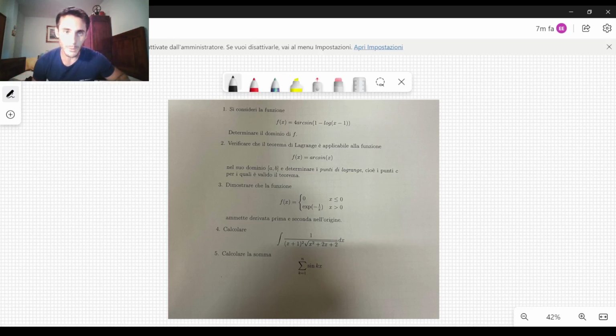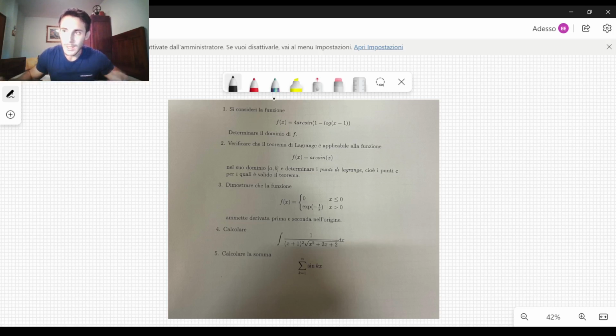The point is that I want to show you the exam and I want to solve the problems here. And we will start with the first problem. The first problem consists in finding the domain of this function here, f of x equal to 4 arcsine, which is the inverse sine, of 1 minus the natural log of x minus 1.